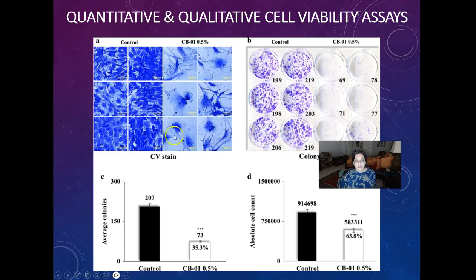So you can make a bar graph, for example, looking at the average number of colonies between control and treated cells, and you could look at statistics around that. You could also look at absolute cell counts in a system like this, again comparing your control to your treated cells, and you can examine how the drug changed the number of cells present there.